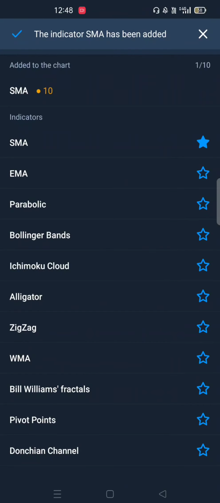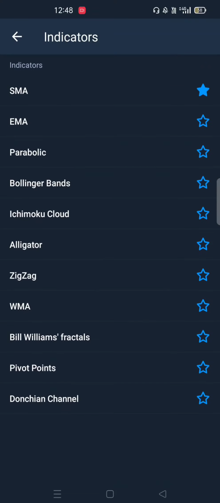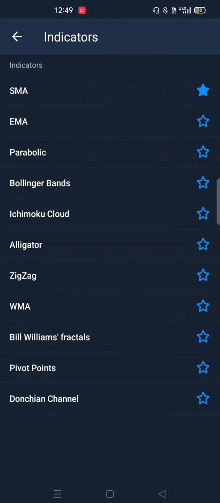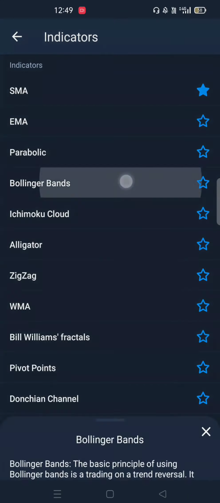Currently we have the SMA as one of the active indicators on my platform. I'll just delete that. Some of the best indicators that are available on the platform are SMA, EMA, Parabolic, Bollinger Bands, Ichimoku Cloud, Alligator, Zigzag, WMA, Bill Williams Fractals, and of course Pivots and Donchian channel.